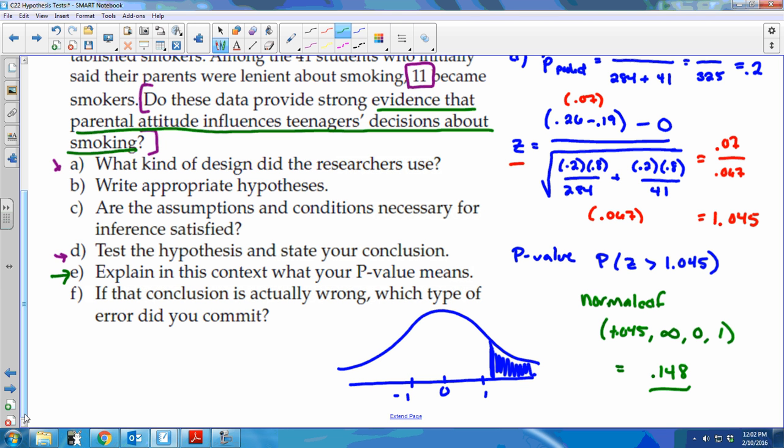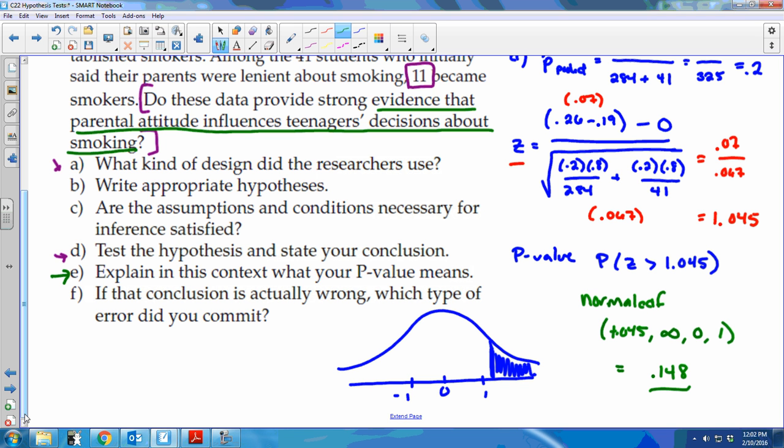All right, part F. If that conclusion is actually wrong, so we failed to reject, that's incorrect. Which type of error did you commit? Type 2. In type 2, the null hypothesis is false, but you failed to reject it. So if you fail to reject, you're committing a type 2 error.